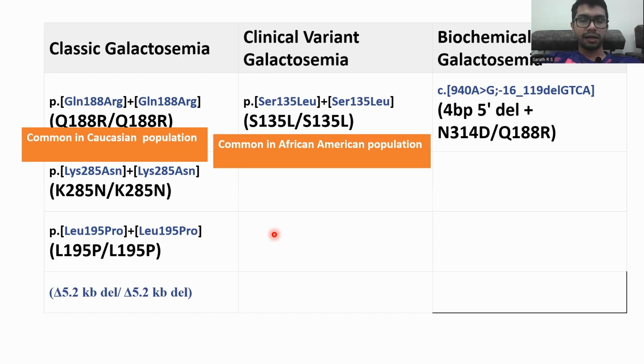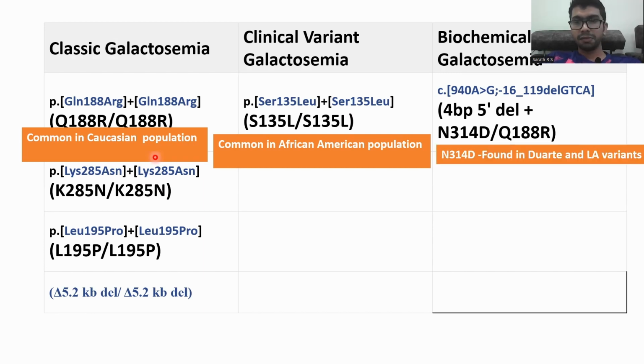The second one, the clinical variant galactosemia, is more commonly seen in the African American population, in which there will be some activity of GALT enzyme. However, they can still land up in crisis. However, if treatment is properly initiated, the long-term outcome will be good for this patient. In classical galactosemia, if we initiate diet at the right time, the clinical outcome will be better, but they can still have long-term neurological outcome or ovarian dysfunction. This is the biochemical variant, also called Duarte variant.